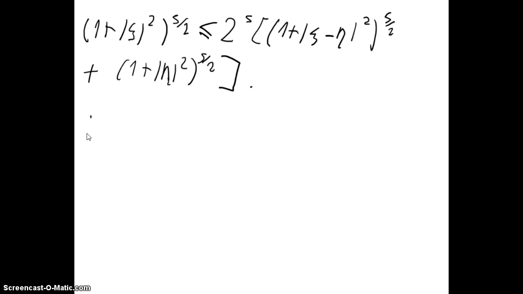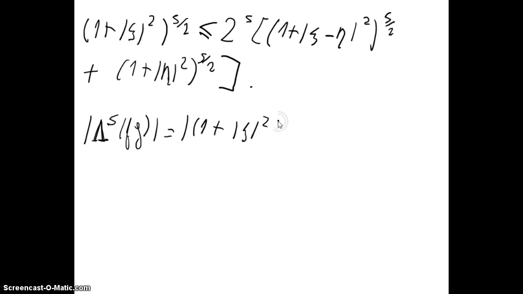So if we consider lambda^s of fg, that will be equal to (1 plus |psi|^2)^(s/2) multiplied by the transform of fg.